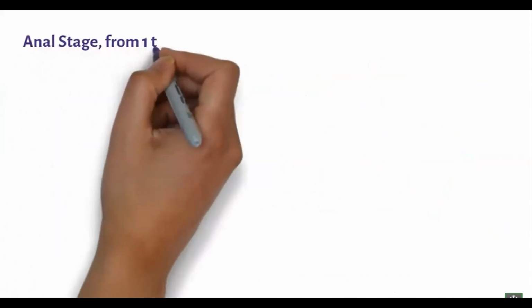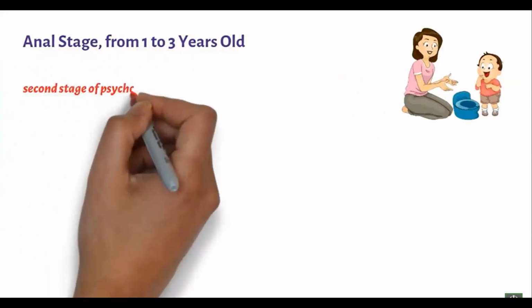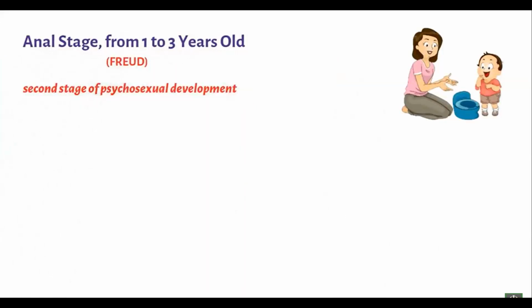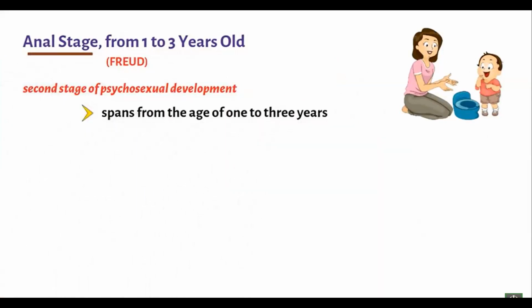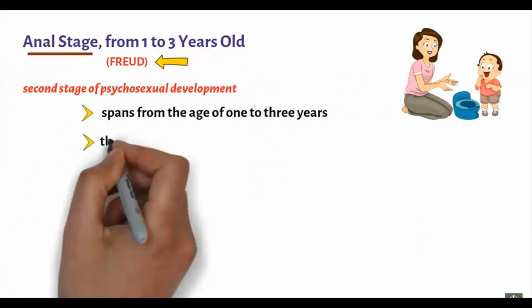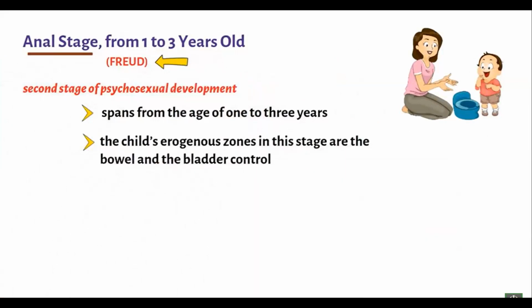Anal stage, from 1 to 3 years old. The second stage of psychosexual development according to Freud is the anal stage, which spans from the age of 1 to 3 years. According to Freud, the child's erogenous zones in this stage are the bowel and the bladder control.